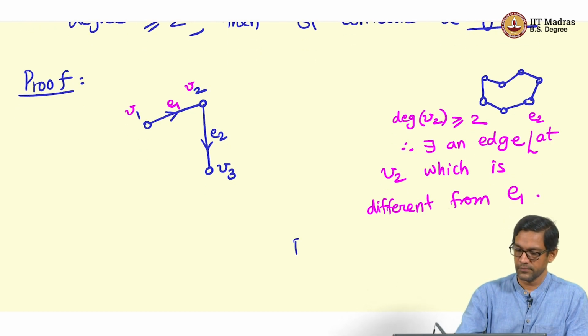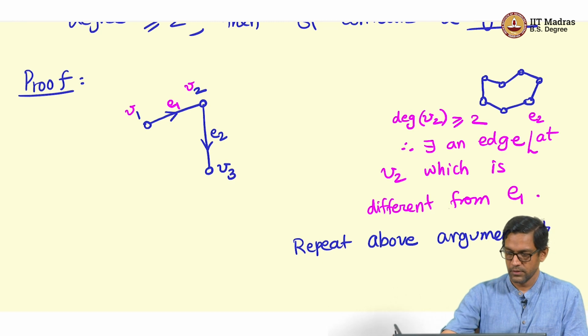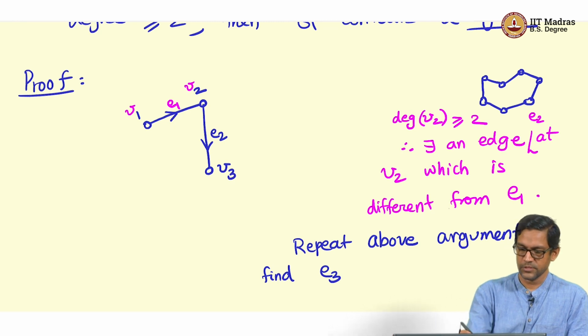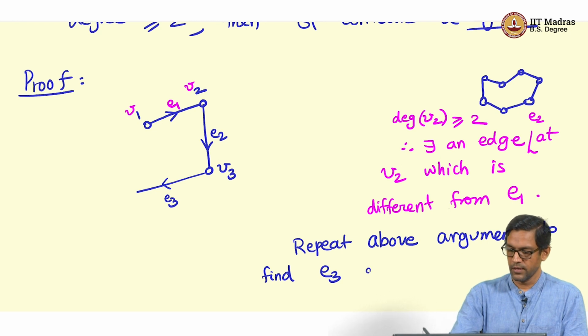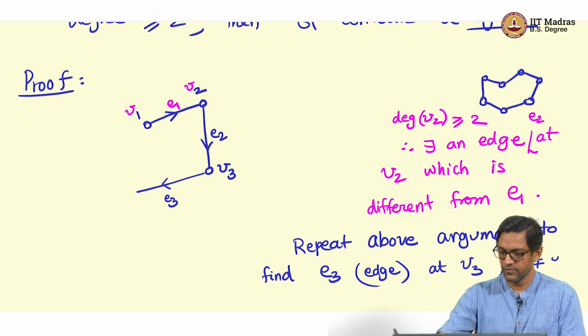Okay, so repeat the above argument to find another edge, let's call it E3, at V3 such that E3 is different from E2.